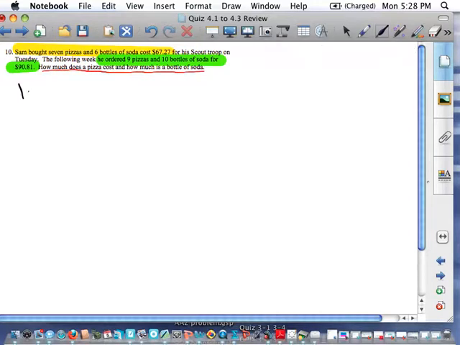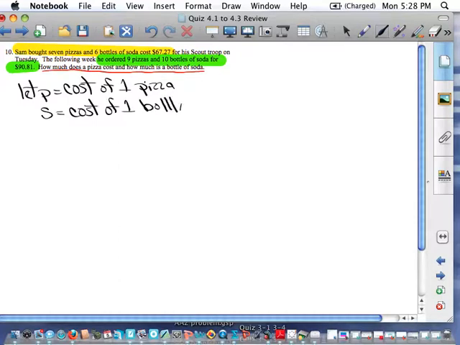So we're going to again define the variables. Let P equal the cost of 1 pizza and S equal the cost of 1 bottle of soda.